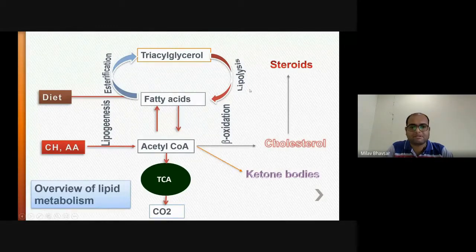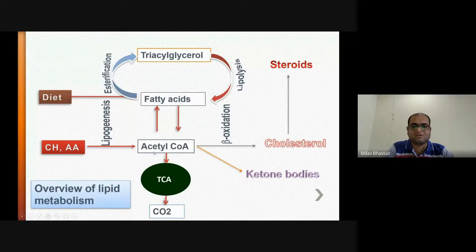If lipolysis happens, they come back to the fatty acid. If beta oxidation happens, it generates acetyl coenzyme A. If you have too much acetyl coenzyme A, that creates lipogenesis, which again generates the fatty acid. So this is your pool. Here is your major component: generation for lipogenesis and oxidation.